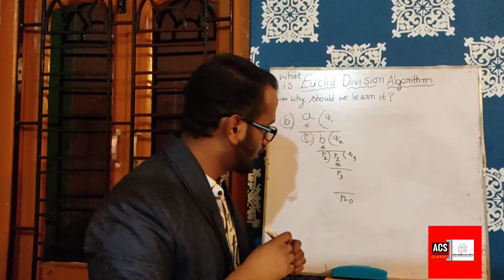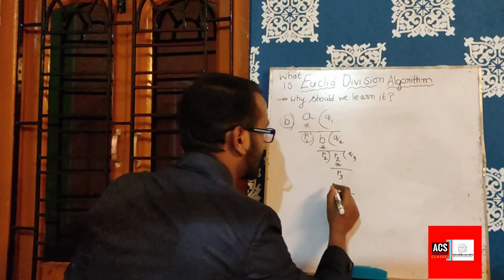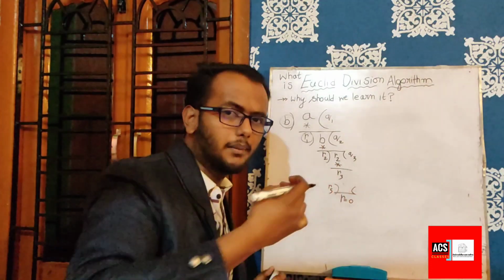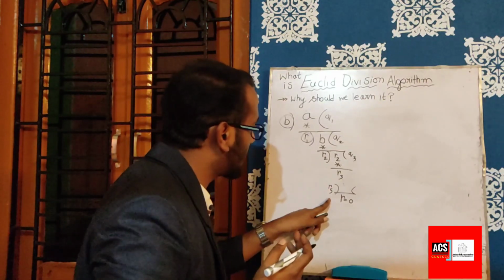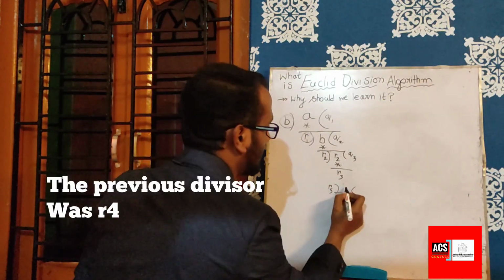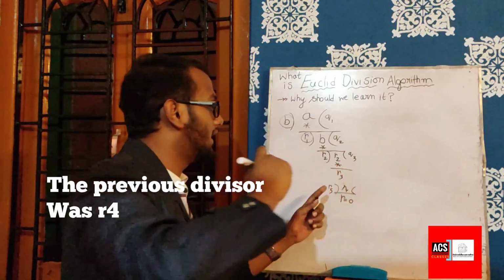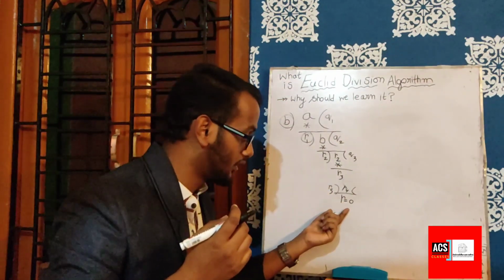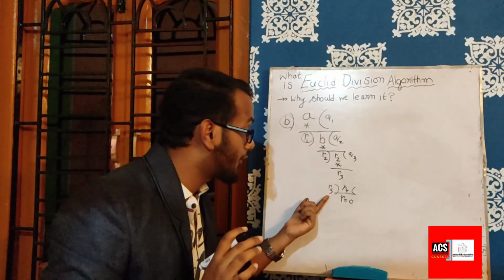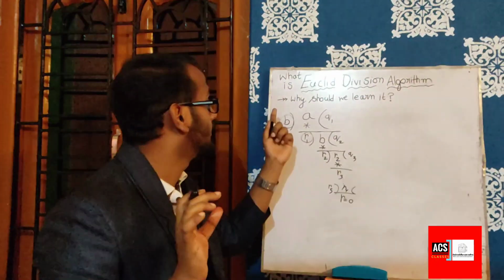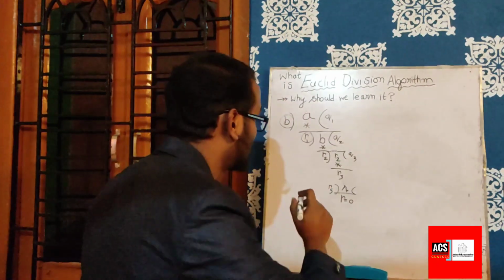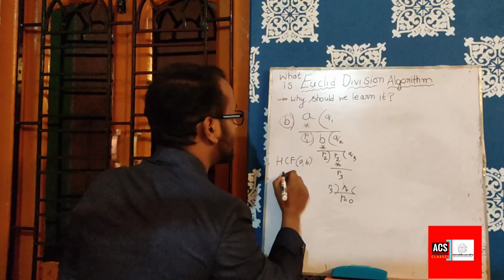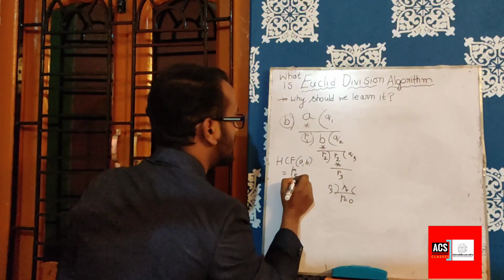For example, say if we divide r4 by r5, and we got a remainder of 0. Then r5 will be the H.C.F of a and b. So H.C.F of a and b is equal to r5.